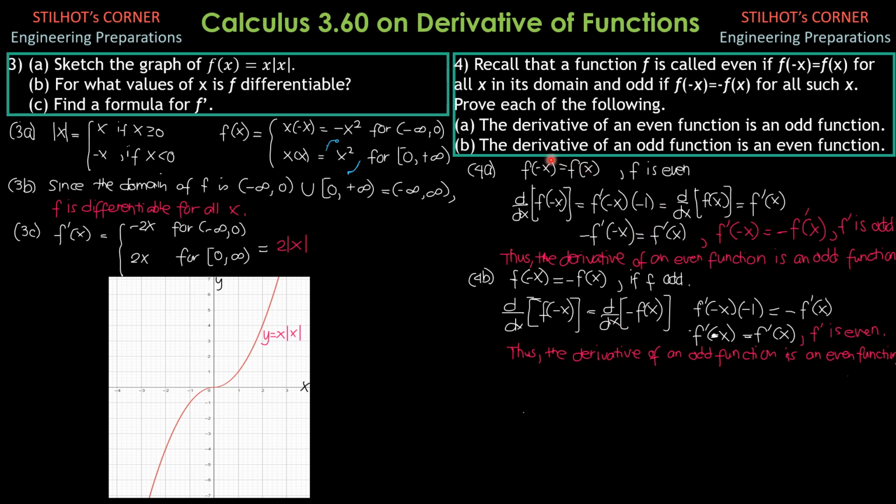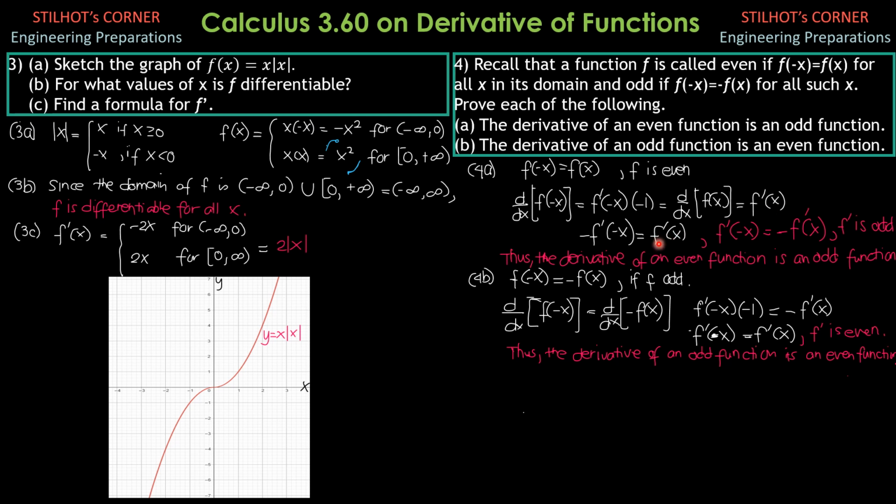And it should be, because this is the original equation: if f is even, the derivative of f of negative x should also be equal to the derivative of f of x. The derivative of f of x is simply f prime of x. So negative f prime of negative x from this result, and the right side is f prime of x.